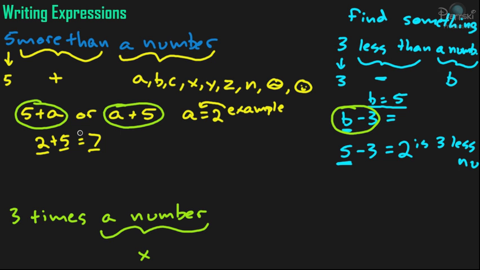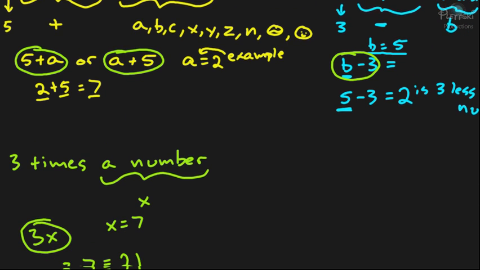Depending on your math teacher or the test, either one should be right. They're both going to get you the right answer. I would probably write the a plus 5 because you're starting with a number and you're trying to find something 5 more than that. So you'd start with the number and add 5 to it. But both will give you the right answer.